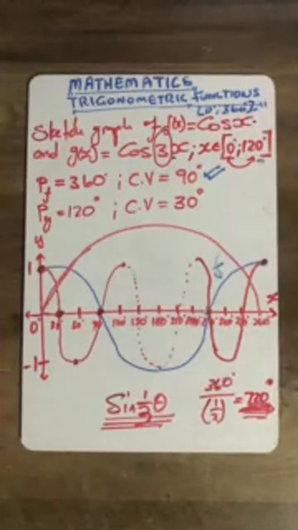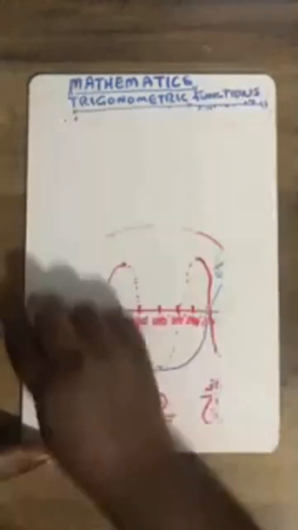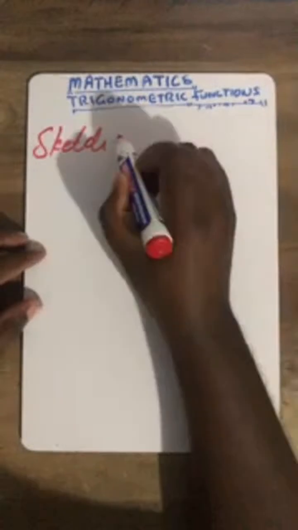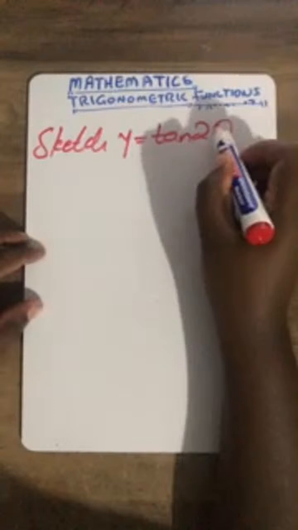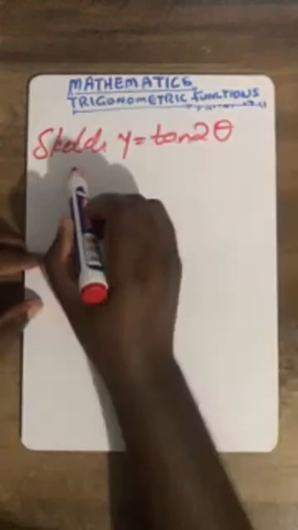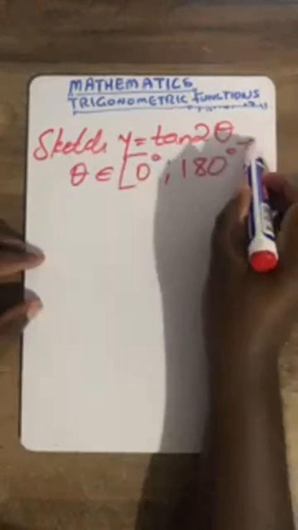So I'm going to remove all of this, and then I'm going to give you guys a homework, and then we will chop it up on our next Zoom lesson. So I'll give you this one and say sketch y equals 2 of that, where x is an element of 180 degrees.